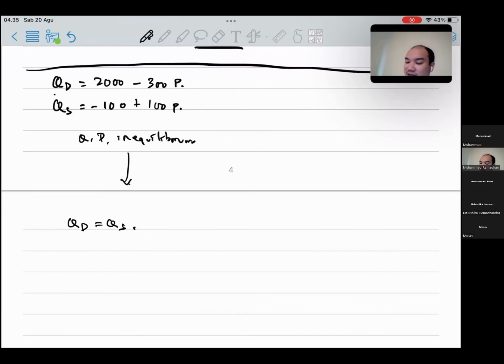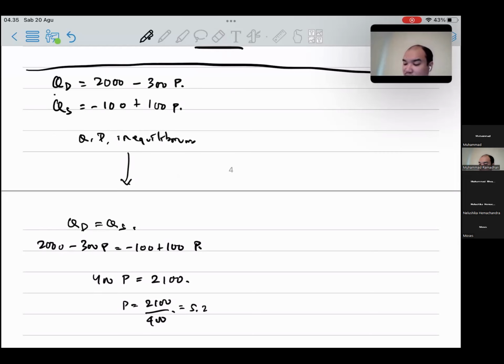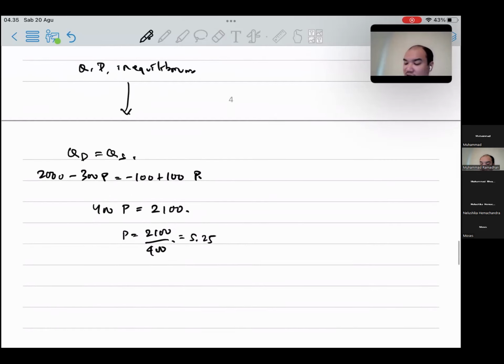So 2000 minus 300p equal to minus 100 plus 100p, and then 400p is 2100, and p is 2100 over 400, which is 5.25.